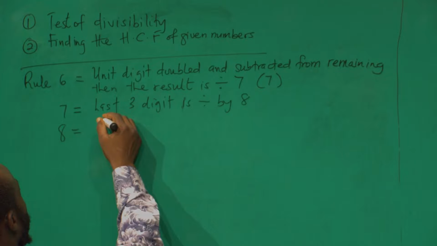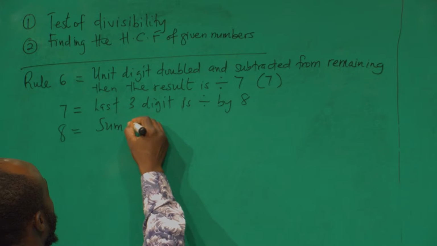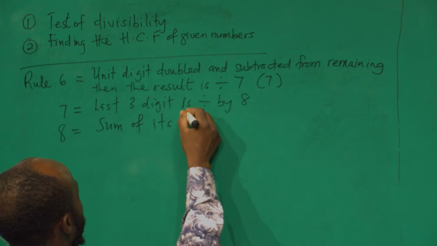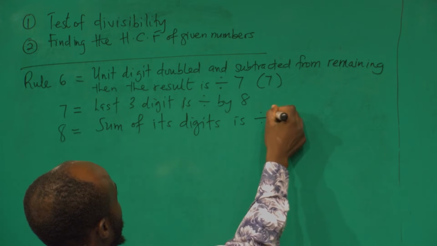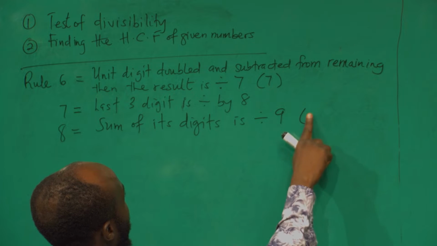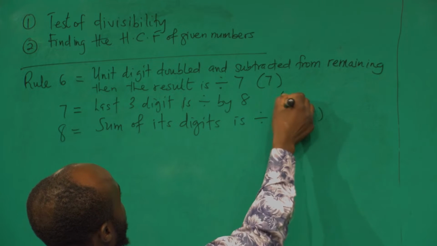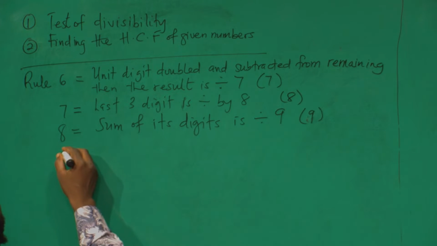For 9, the sum of its digits is divisible by 9. That's 9, this is 8, and rule 9.